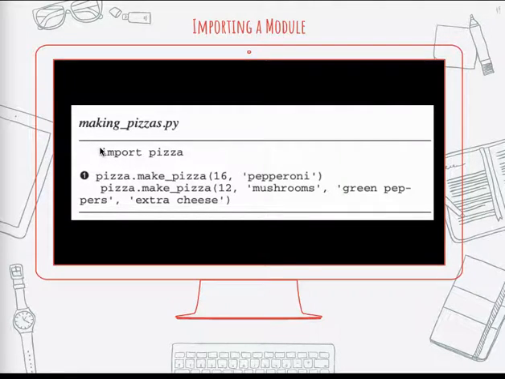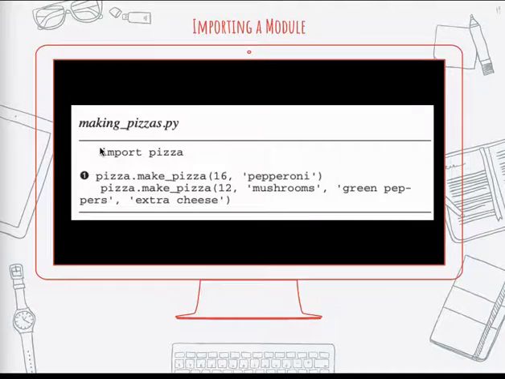This line tells Python to open the file pizza.py and copy all the functions from it into this program. You don't actually see the code being copied between the files because Python copies the code behind the scenes as the program runs. All you need to know is that any function that is defined in pizza.py will be available in makingpizzas.py.